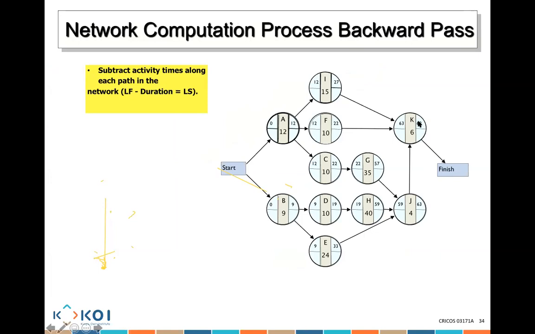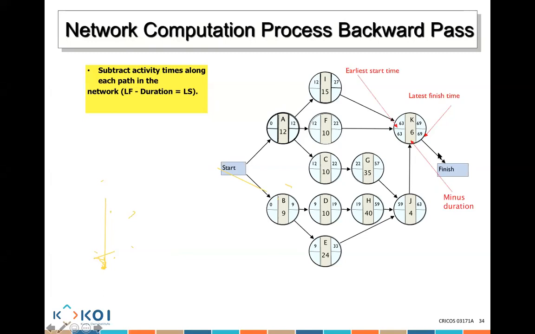This becomes the latest finish. So the early finish becomes the latest finish. The 69 becomes the latest finish. The latest finish minus duration gives me my latest start. So 69 minus 6 gives me what?